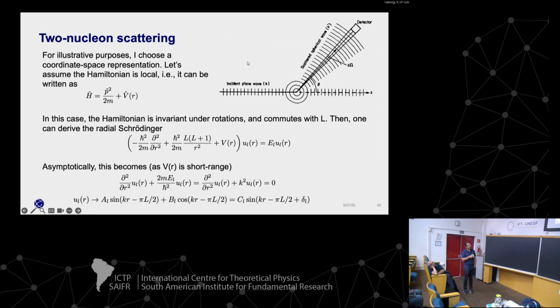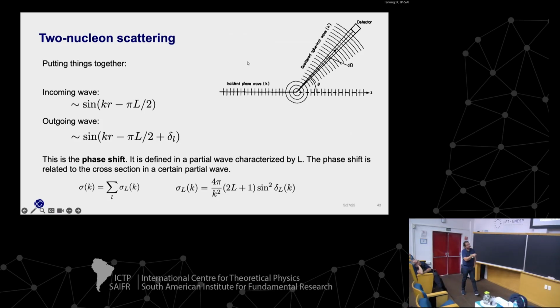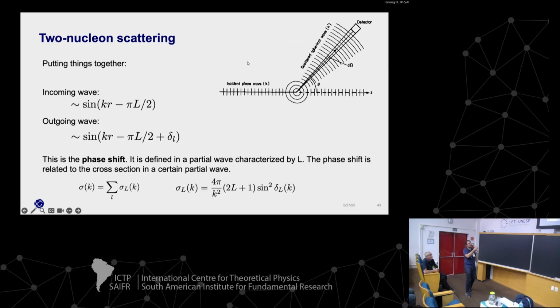And then the radial wave function can be written as something like this. So it's again a sine function, but now, if you compare, it has this delta L, and that's called the phase shift. I mean, it's self-explanatory why it's called phase shift, right? It shifts the phase of the incoming partial wave when you look at the outgoing partial wave.